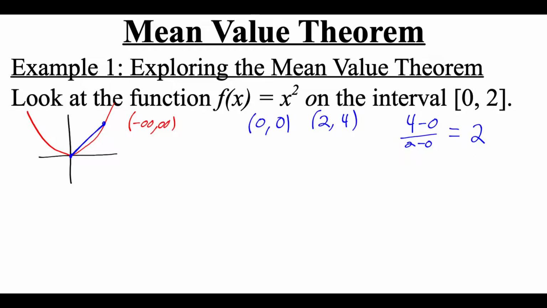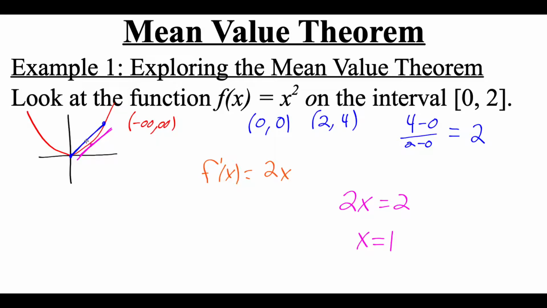Well, the derivative of this function is 2x from using the power rule. So if we want to figure out where the derivative is equal to 2, I'm just going to take the 2x and set it equal to 2. So at the x value of 1, this tangent line right in here has a slope that is the exact same as this chord connecting the 0, 0 point to the 2, 4 point.